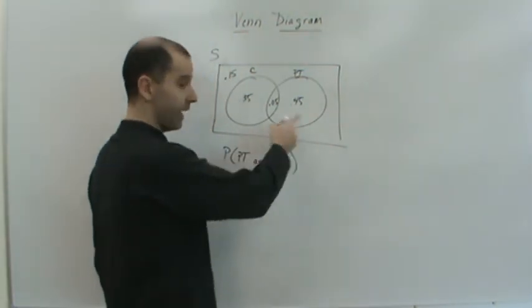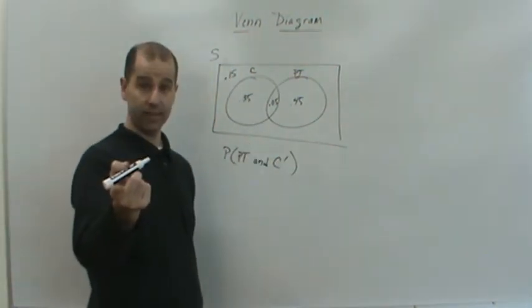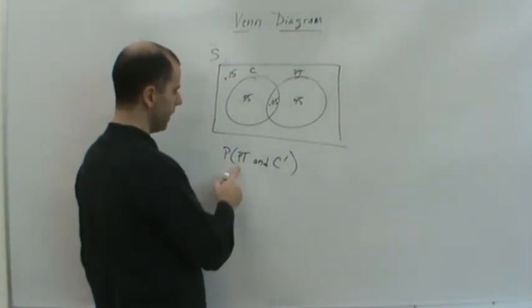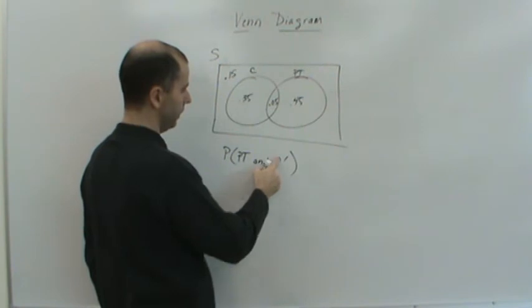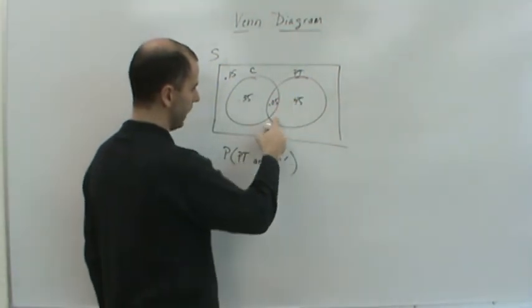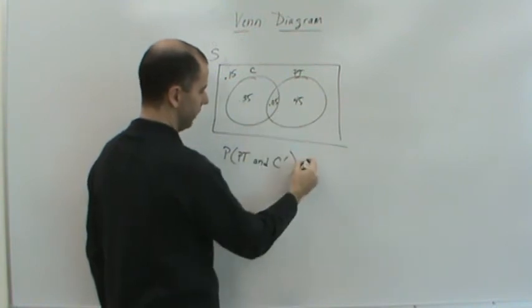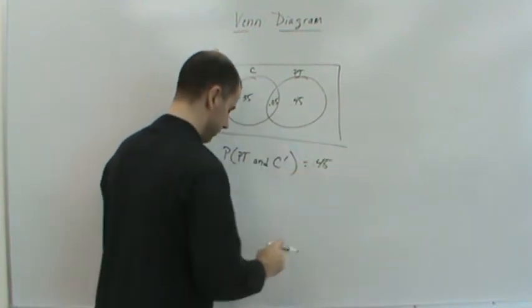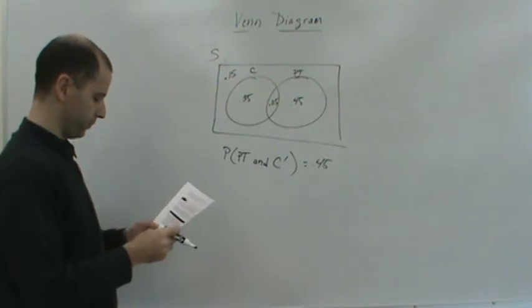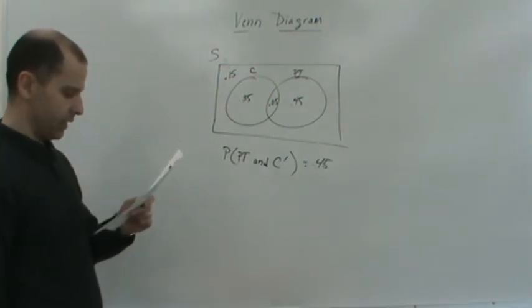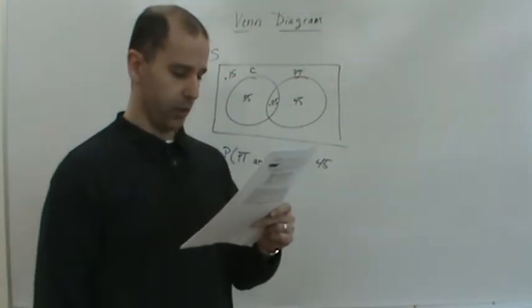Well, what part of the Venn diagram represents that segment of the student population? That's going to be this piece right in here, okay? And what's that? 0.45.